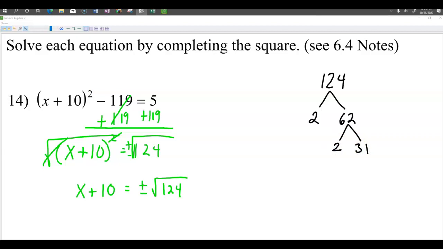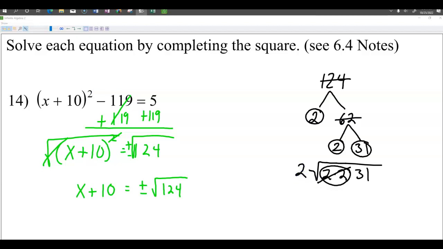So we broke apart the 124, we broke apart the 62, and we're left with these 3 numbers that don't simplify anymore. So as a square root then, we can rewrite that like this. And since we have a pair of 2's, I can take that pair out and write it as a single 2 on the outside. And that's what I'm going to replace this with now. I'm going to replace the 124 with 2 square root 31.